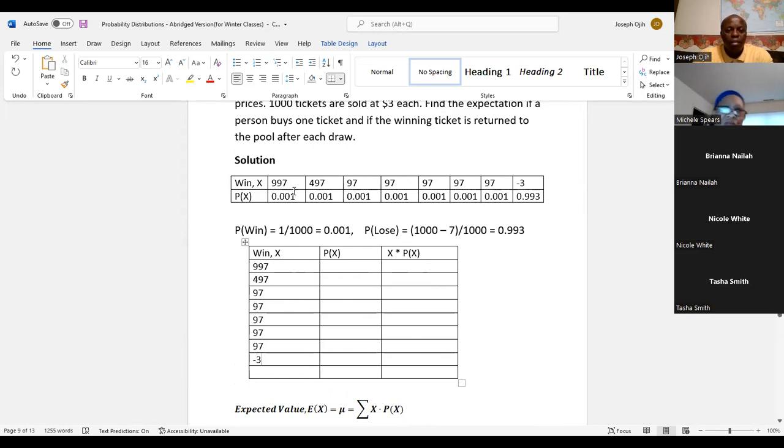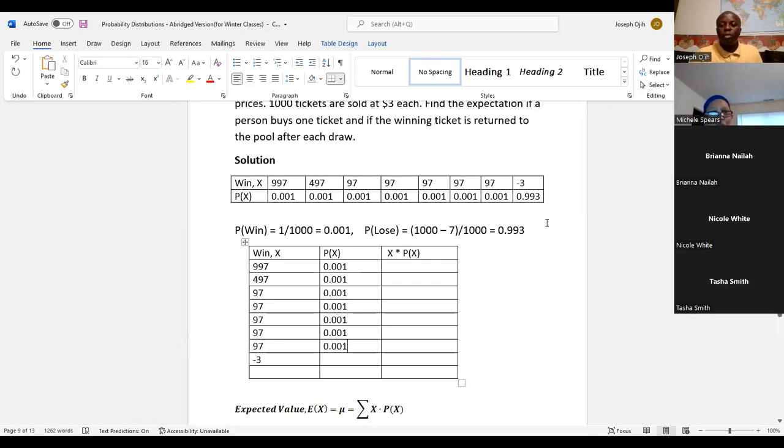And the probabilities are written from here. All the wins have the same probability, 0.001.